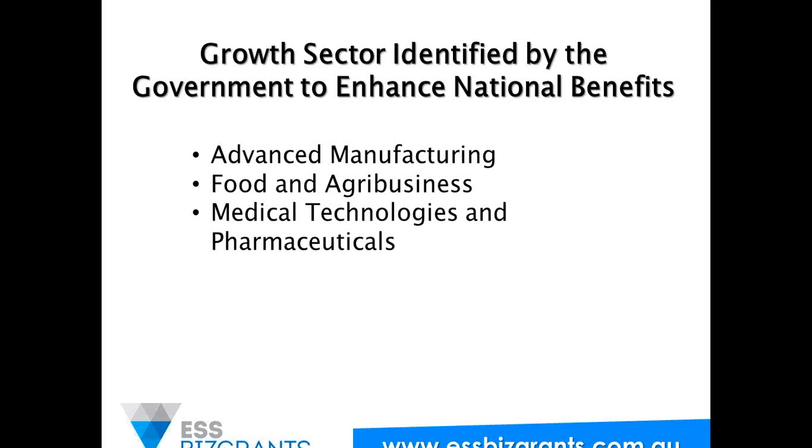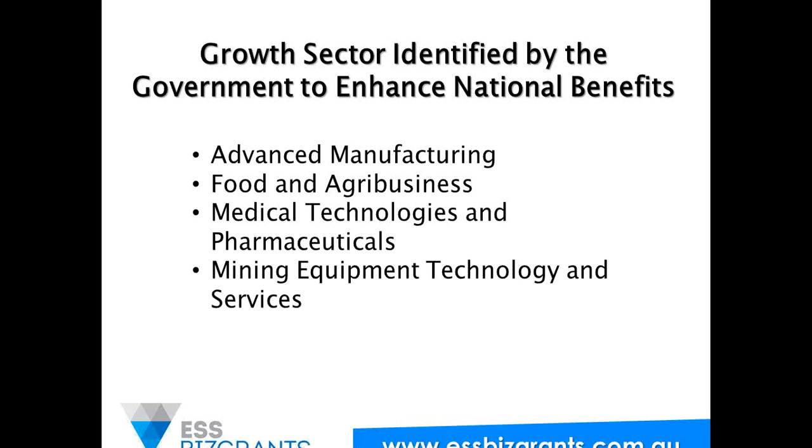But it's technologies, it's not medical practices. Mining equipment technologies and services, and oil, gas and energy resources. Now there's hundreds of business types that fit under those 5 definitions.